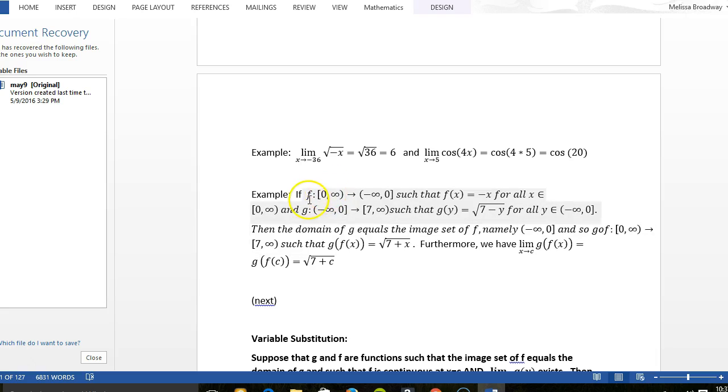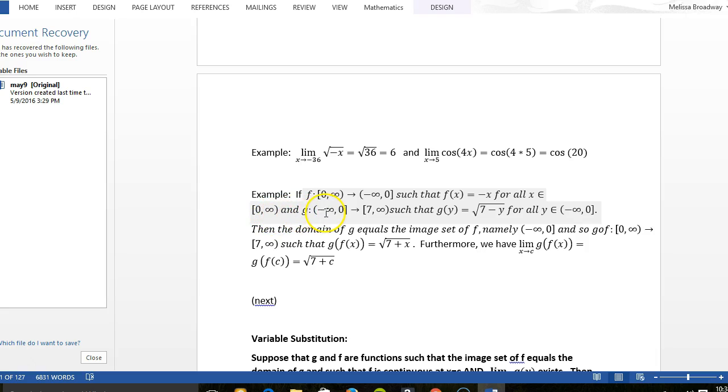And now this example is a bit of a tongue twister. If f is a function from 0 to infinity, let's call that the non-negatives, to the non-positives, such that f of x equals negative x for all x in the non-negatives.